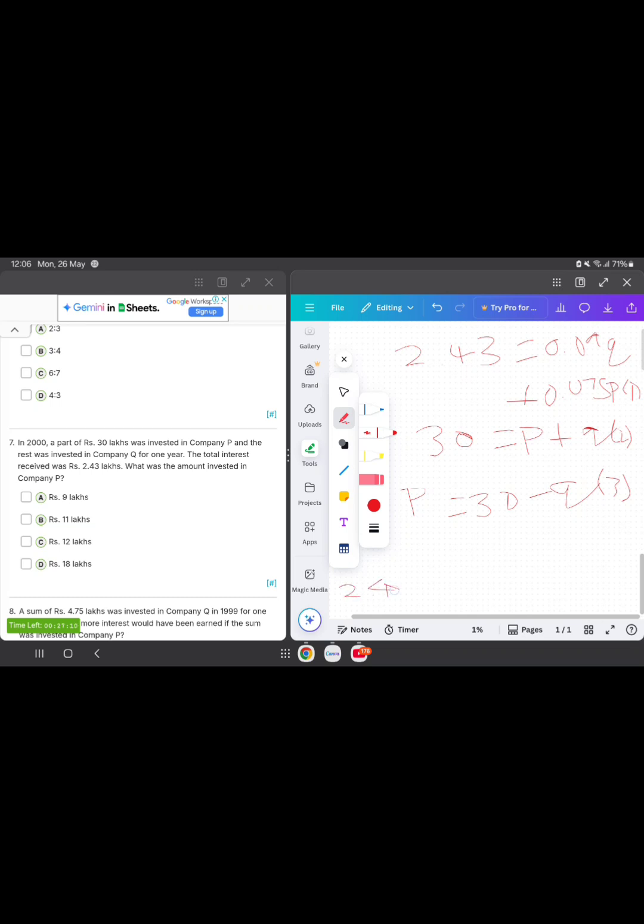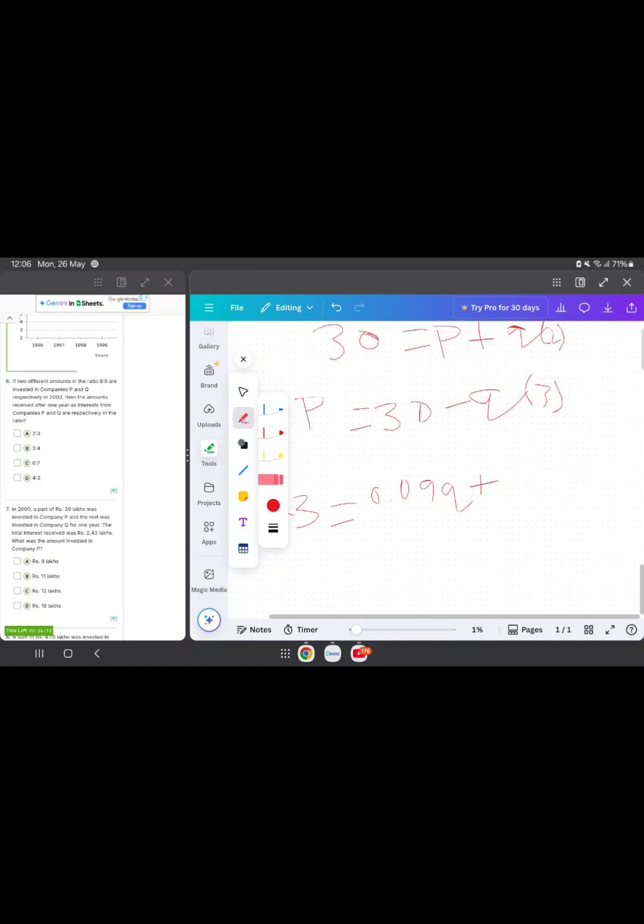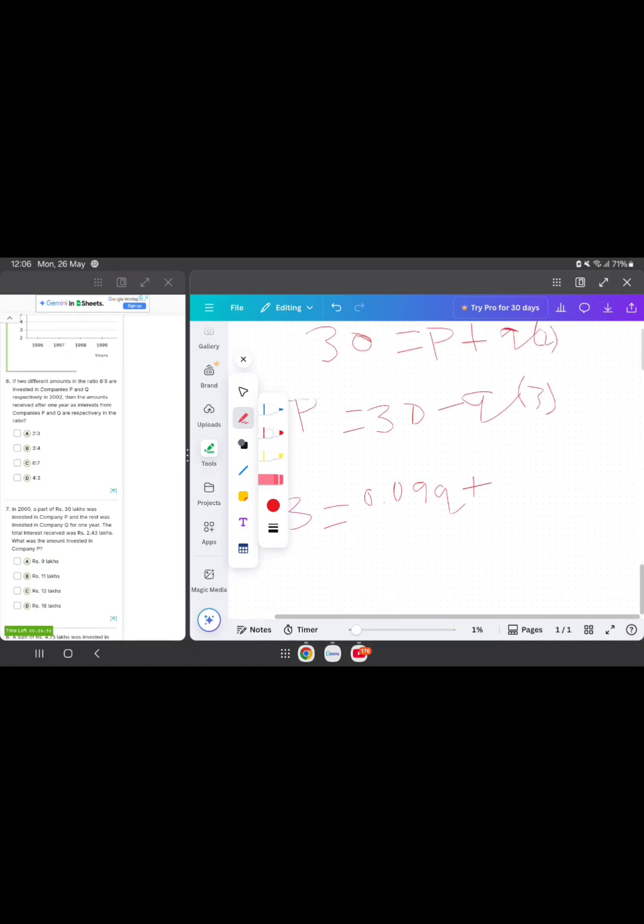So we've got 2.43 is equal to 0.09 Q plus 0.075 times (30 minus Q). So we have 2.43 on this side.